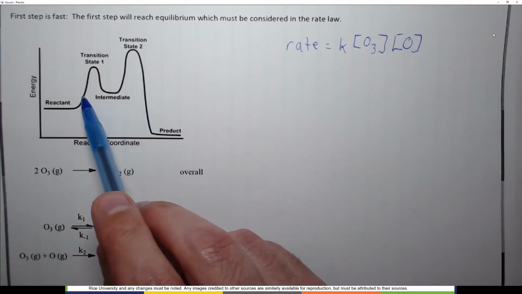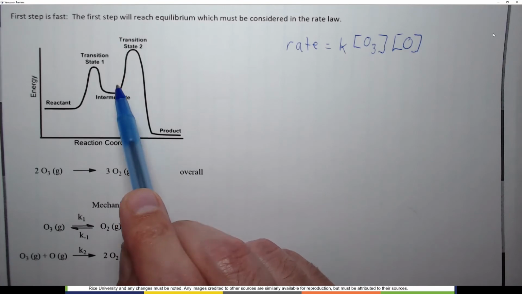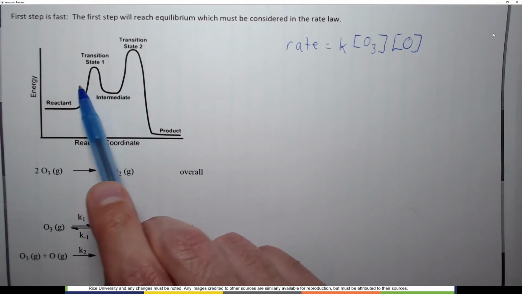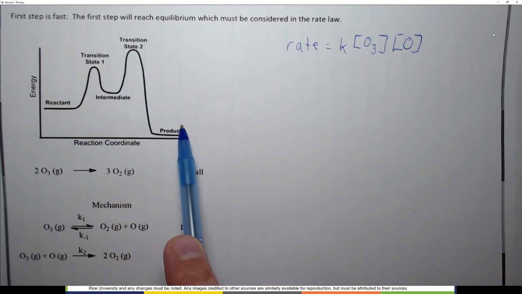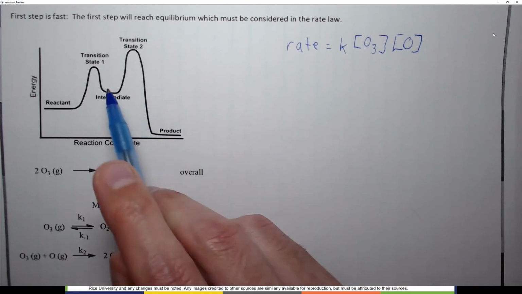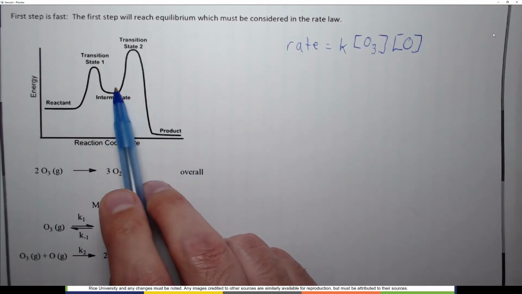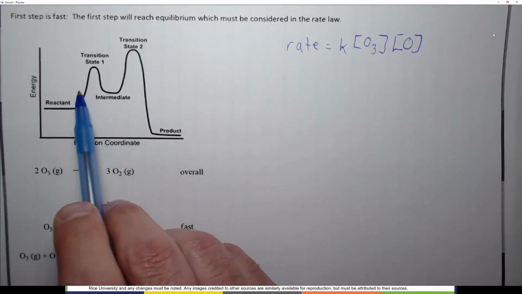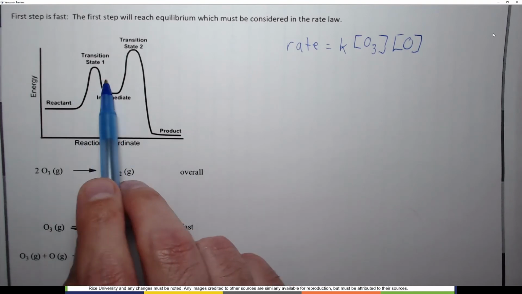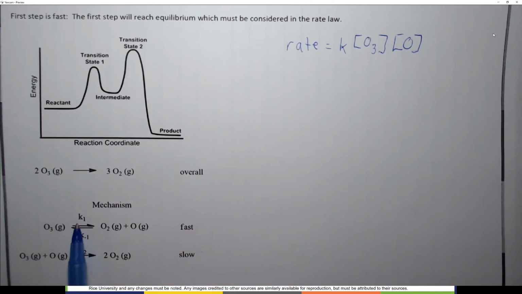Said another way, this reactant and intermediate reach equilibrium before the molecules fall off and the intermediate forms product. So this basically reaches equilibrium. So we have this direction being exactly the same rate as this direction. That's what equilibrium is.